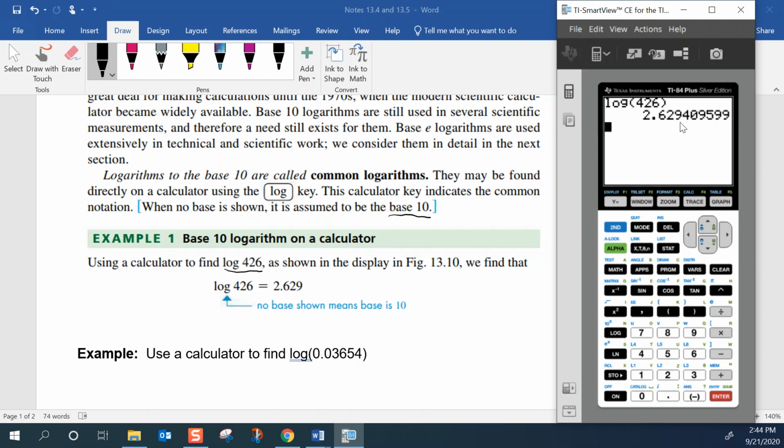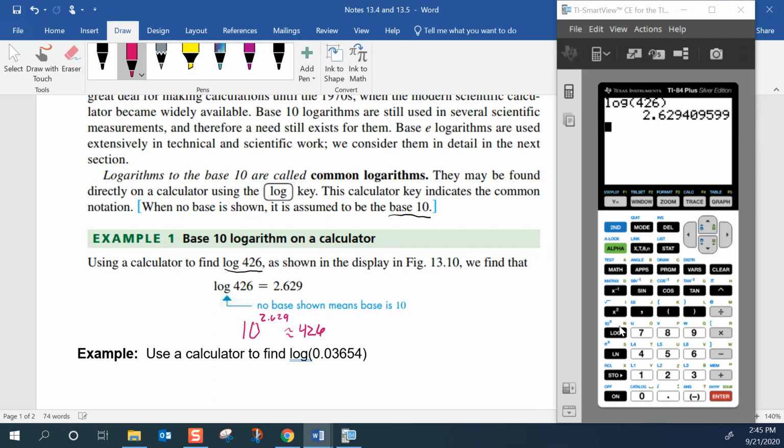Notice we had to round it to 3 places. This is a decimal that goes on forever in this particular case. So what did we just find? That means if you rewrite it as an exponent, 10 to the power of 2.629 is going to be approximately 426. Let's see what happens when we take 10 to the power.